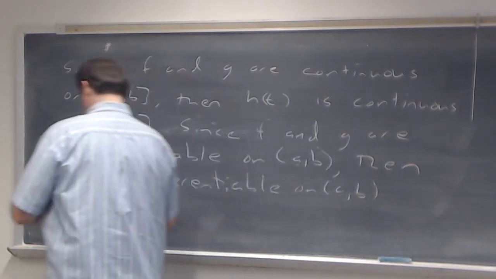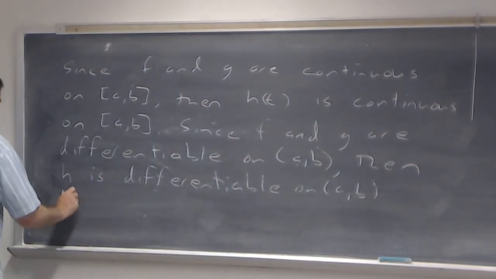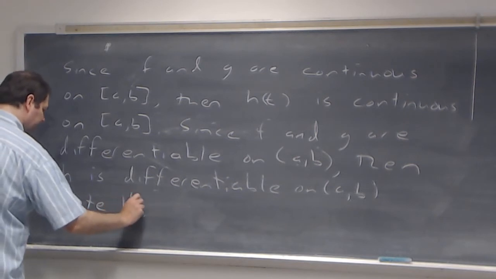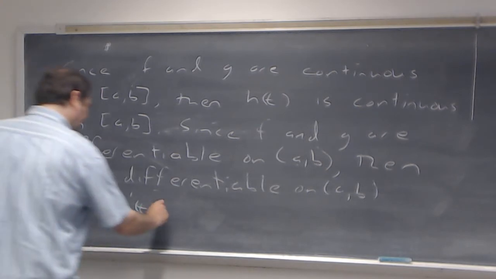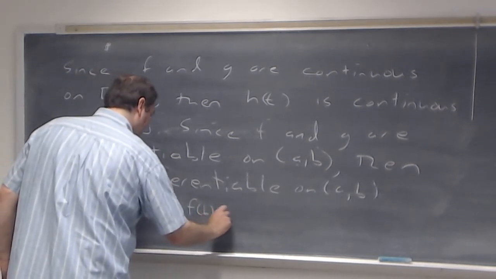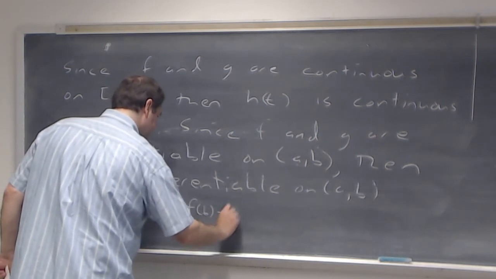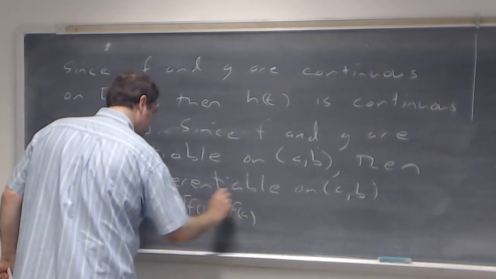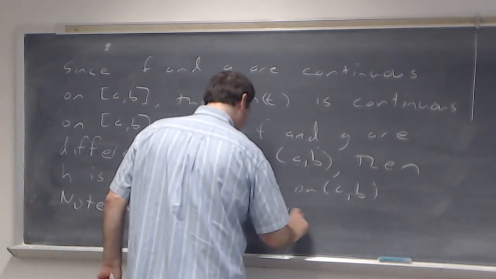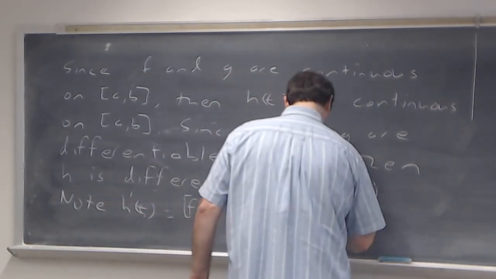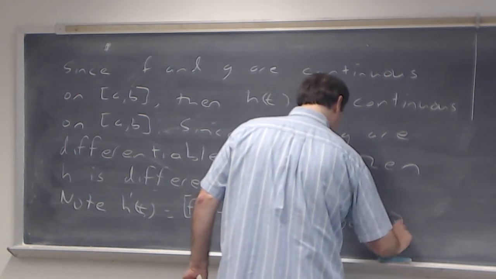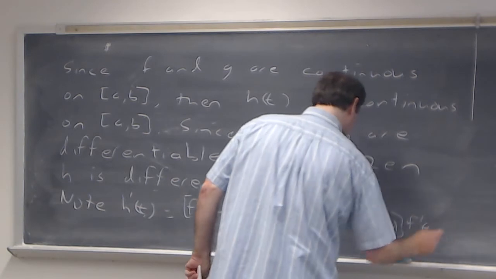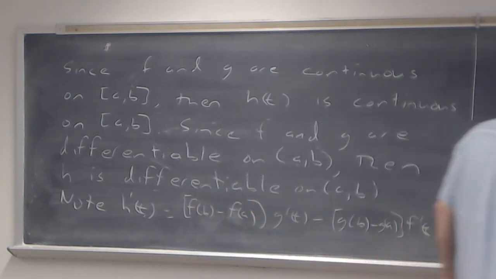In fact, we can compute the derivative of h at t for t in the open interval from a to b. So what we have is f(b) minus f(a) times g prime of t, minus g(b) minus g(a) times f prime of t. So that's what we have with the derivative.